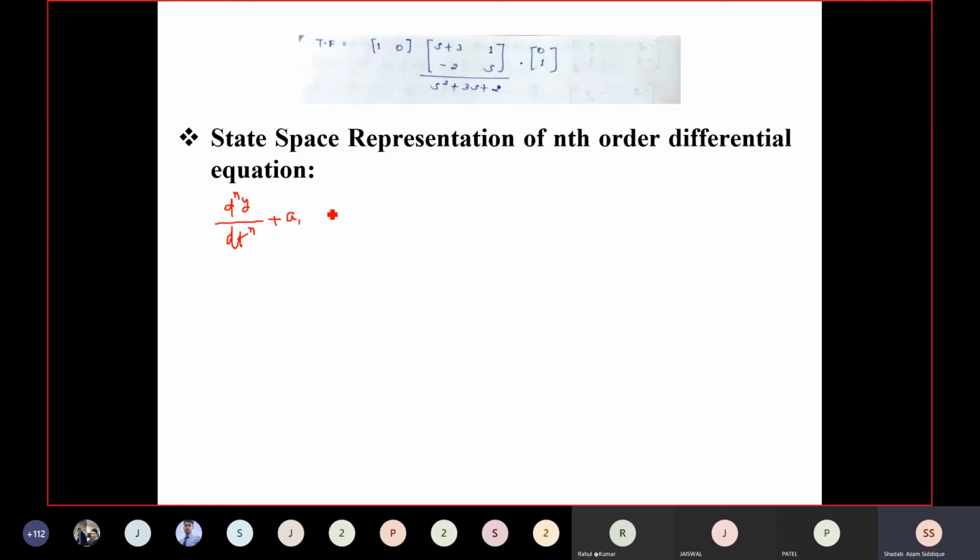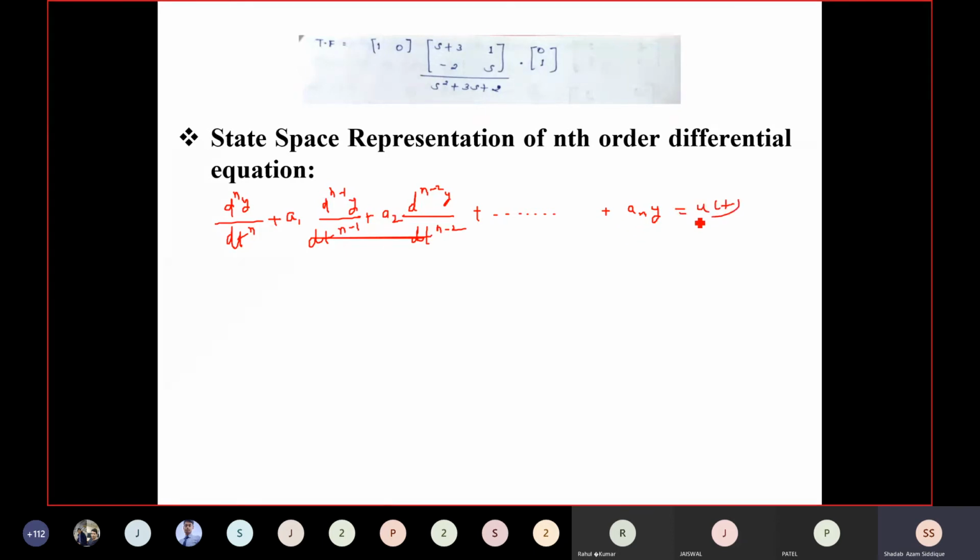Now this is a1 d to the power n minus 1 y divided by dt to the power n minus 1, plus we have a2 d to the power n minus 2 y divided by dt to the power n minus 2. Similarly we'll go through this at the end, and we'll write this as an y, which is equal to u of t.